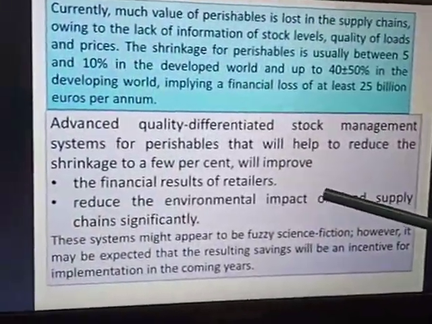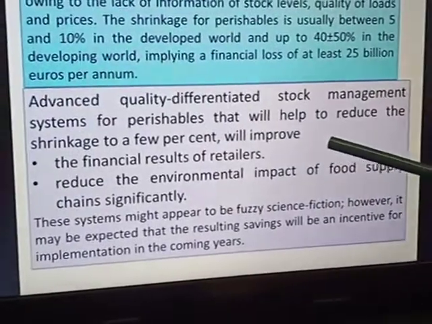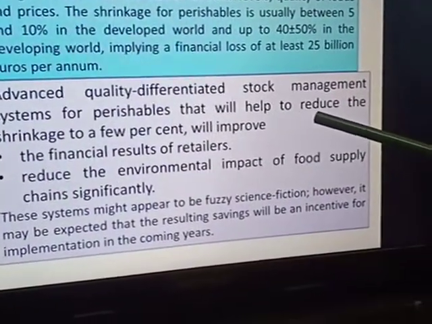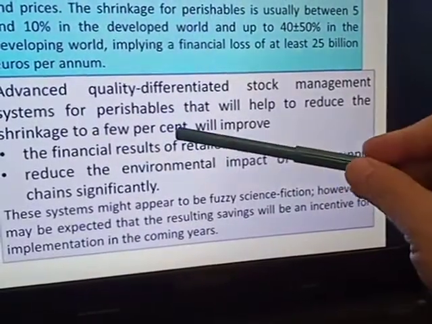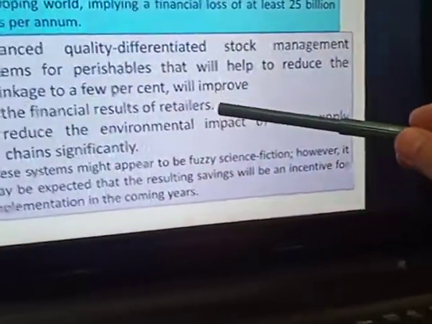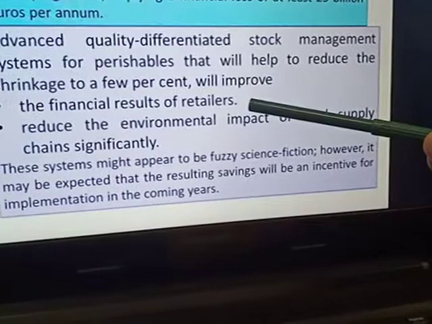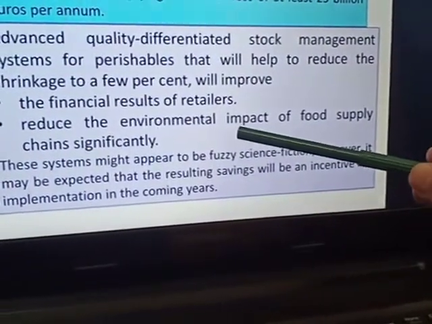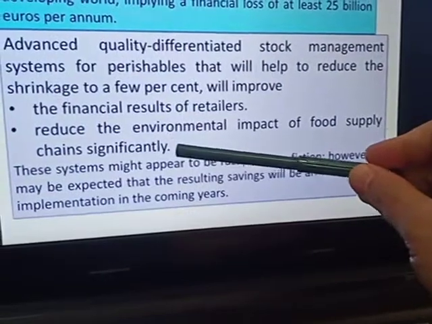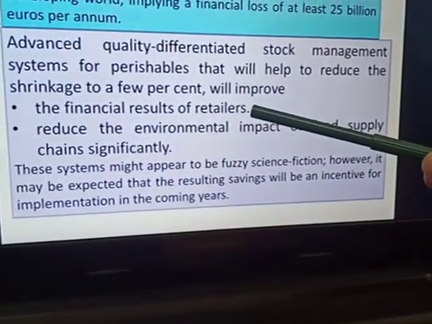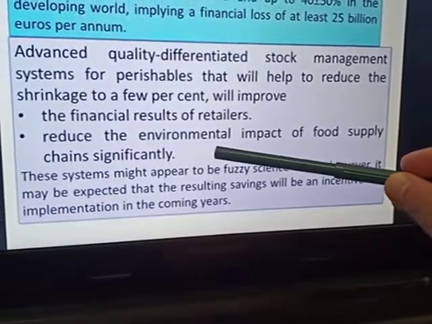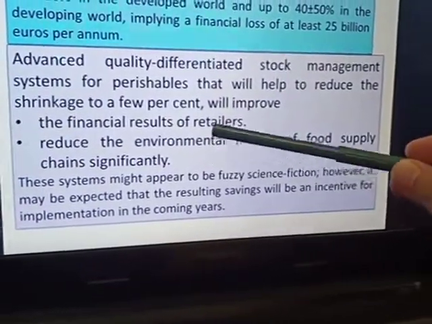Advanced quality-differentiated stock management systems for perishables that will help to reduce the shrinkage to a few percent will improve financial results of retailers and reduce the environmental impact of food supply chains significantly. Yes, in terms of monetary value and also in terms of environmental impact of food transportation.